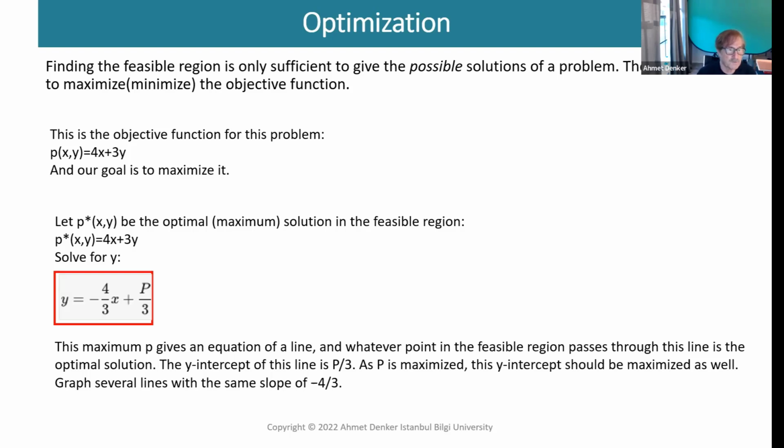So this is our objective function, P(x,y) is equal to 4x plus 3y, and our goal is to maximize it under the constraints. There are always, in life, constraints. If there were no constraints, we would be able to maximize it by using infinitely large x and y values, but this is not the reality of life. In life, there are always constraints.